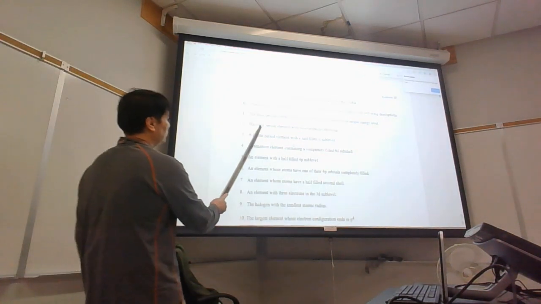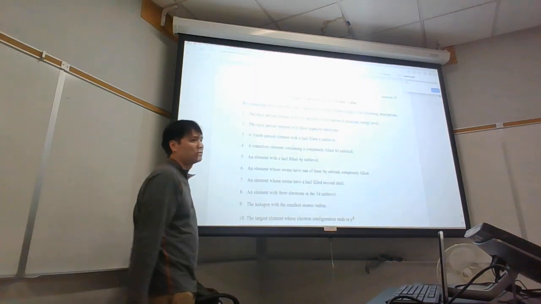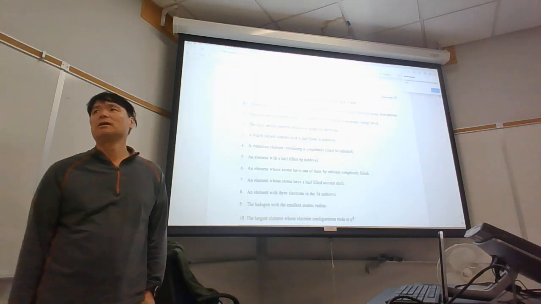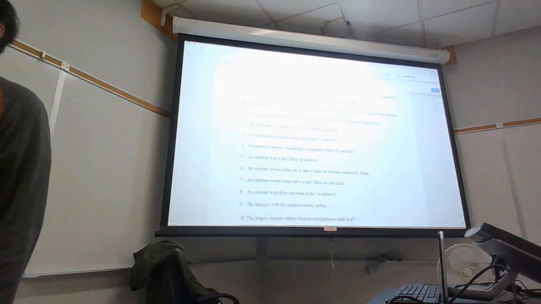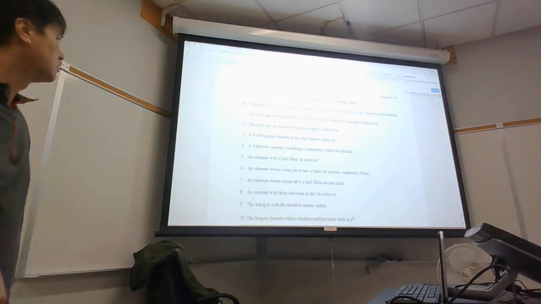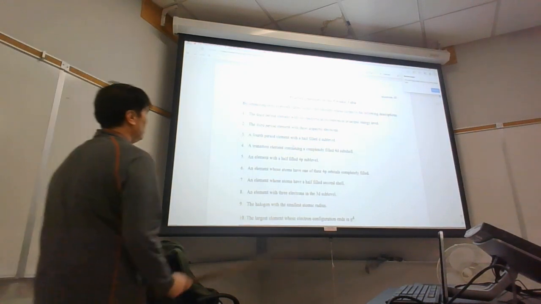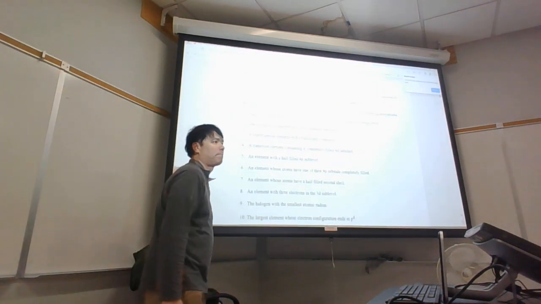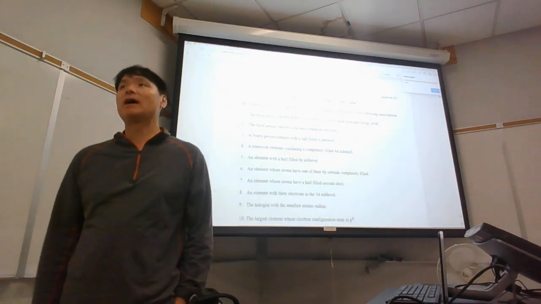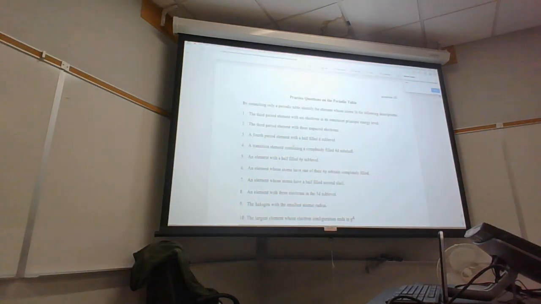The third period element with 3 unpaired electrons. Phosphorus. It's got to be phosphorus. A fourth period element with a half-filled D sublevel. There are 2 of them.